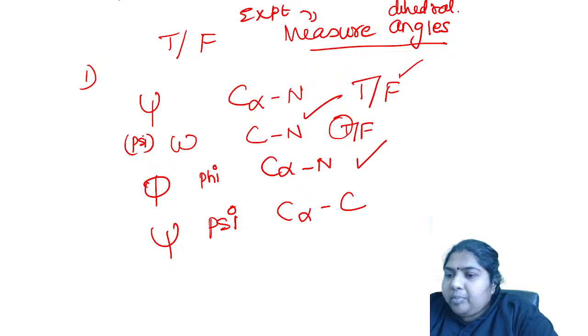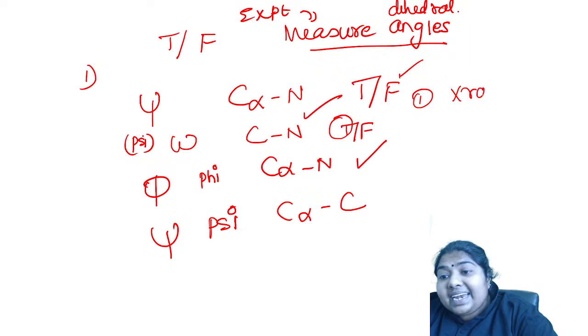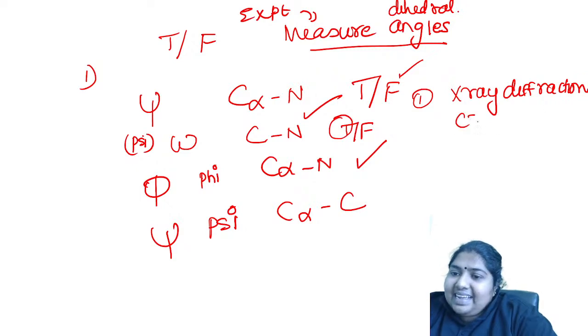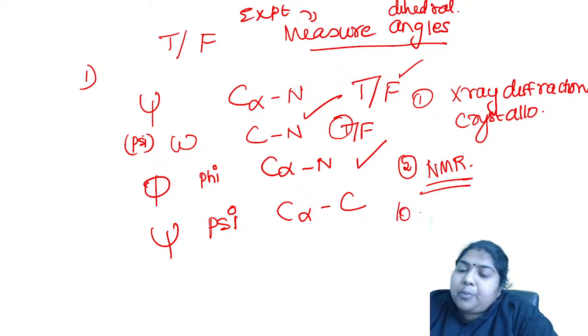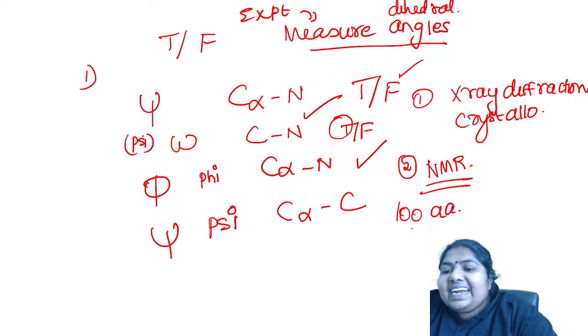2 methods are prominent. Okay, number 1, it is going to be X-ray diffraction. Very good, Ramprabha. X-ray diffraction, or else you call it as X-ray crystallography. Yes, it is a majorly used method. Yes, Ash, very good. So the minorly used method is going to be NMR. It can be used for the proteins up to 100 amino acids.